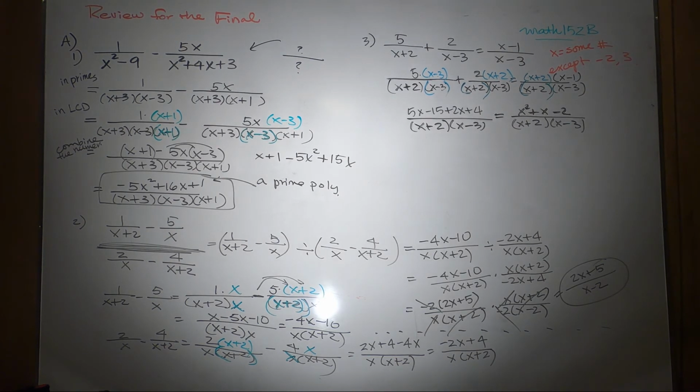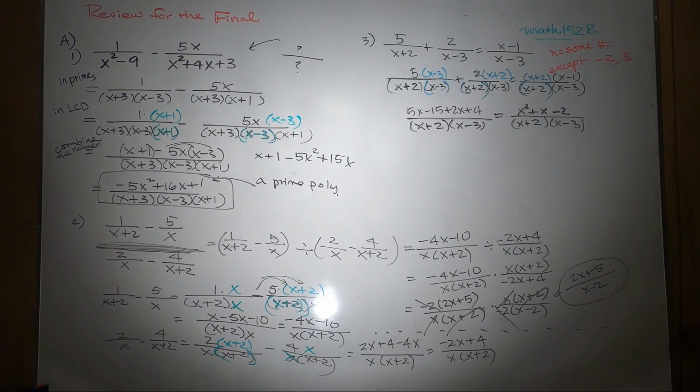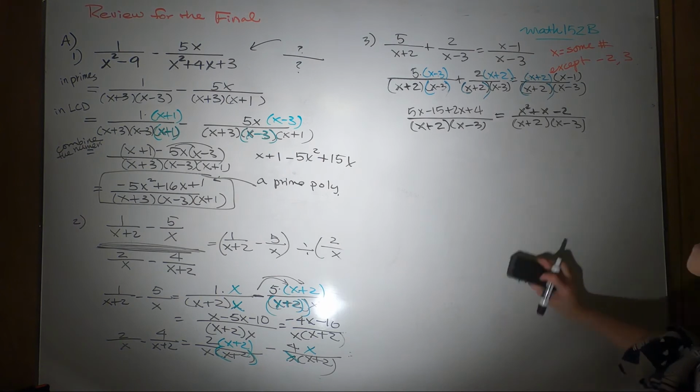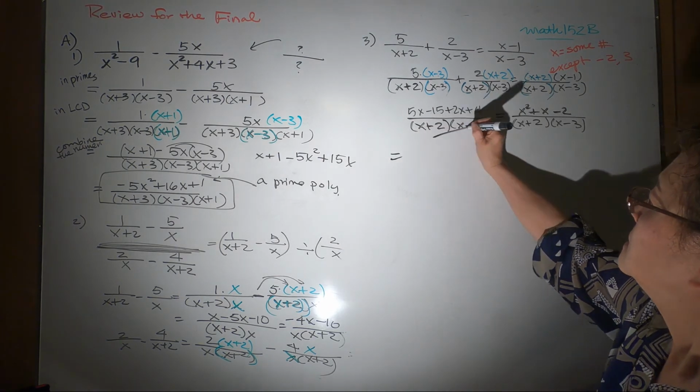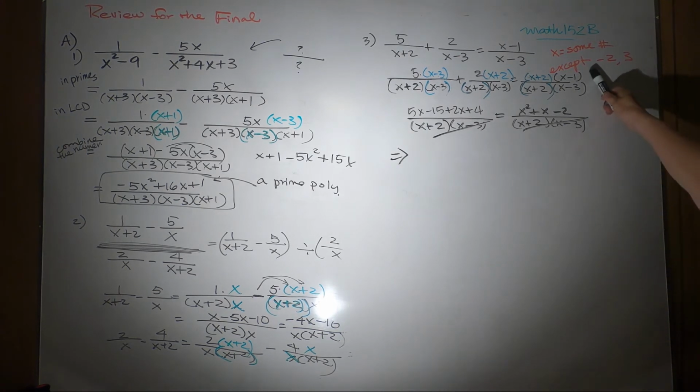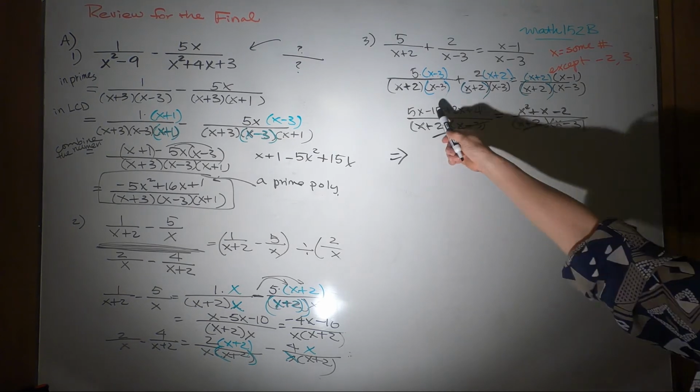Then what do? Still fractions, but at this point, they have what? Same denominators, right? So we can just ignore it, right? Because you cannot make the denominator 0. So what do we have here?